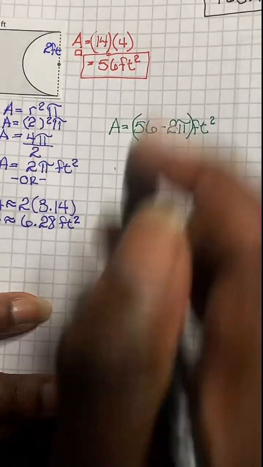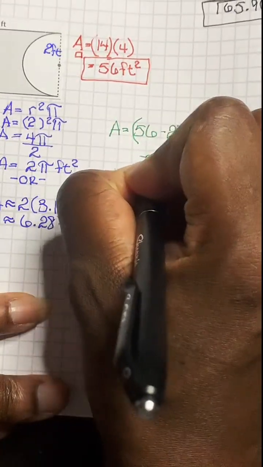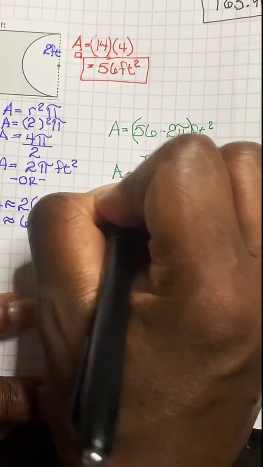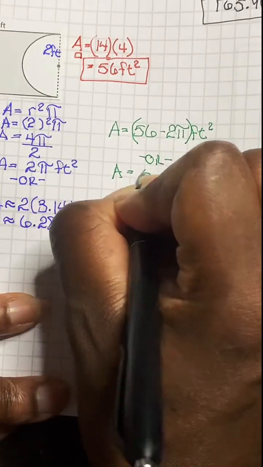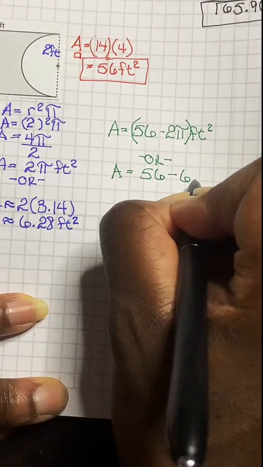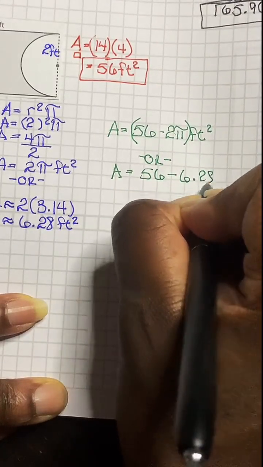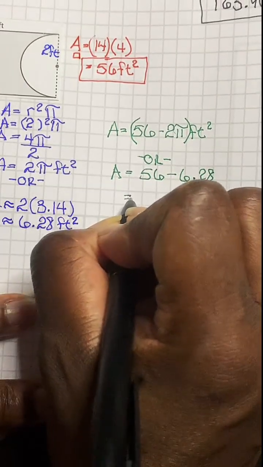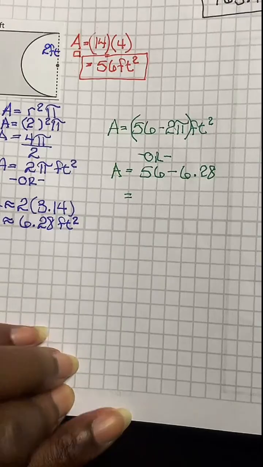But if we're going with the approximate, because it all depends on what's actually being shown, you have your 56 minus your 6.28. And what would that give me?